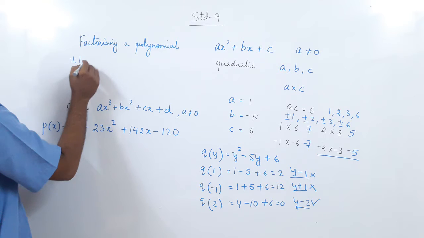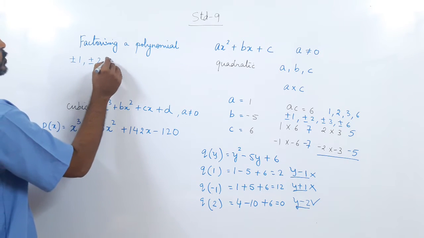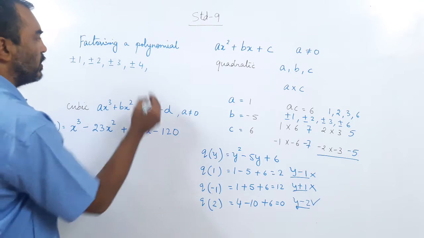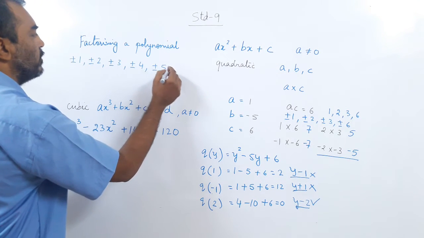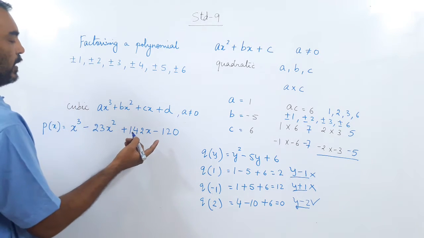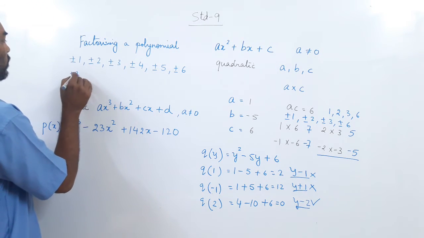1 is a factor, so I'll take plus minus 1, plus minus 2, plus minus 3, plus minus 4, 4 30s are, plus minus 5, 24s are, plus minus 6, 20s are. And does it go by 8? Yes, plus minus 8, 8 into 15.